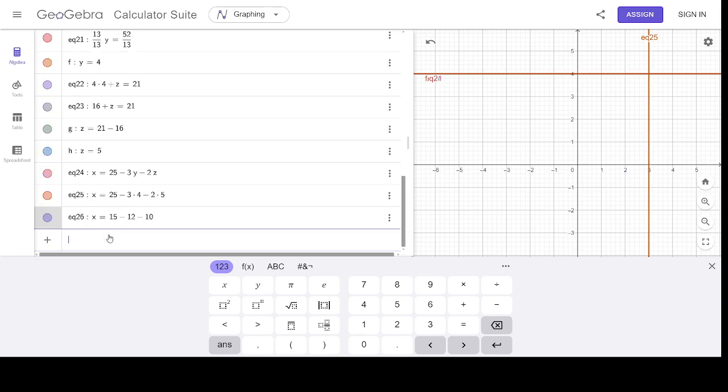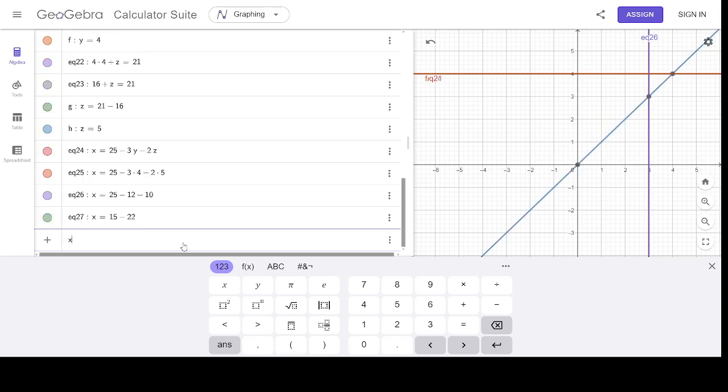So x is equal to, this one is 25, not 15, sorry. Alright, so now x is equal to 25 minus 22.